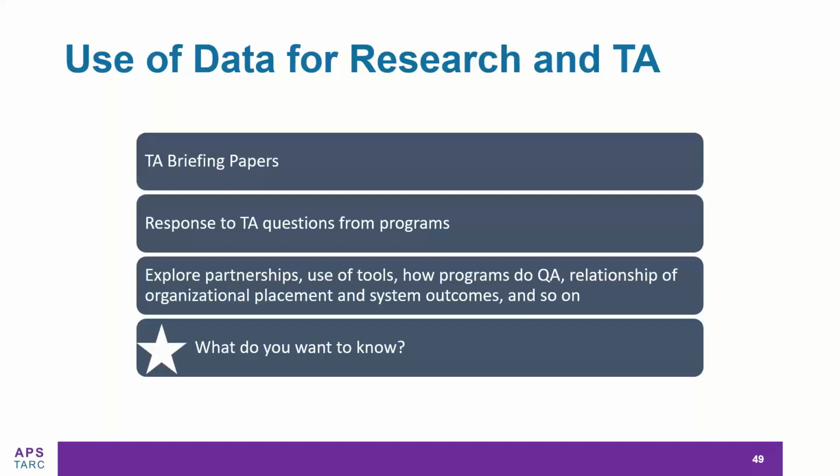The subtitle of this webinar was "What's in it for me?" Well, this is where we're getting to that point. We want to know what you want to know more about. We've kind of got our research plan for this year and our briefing paper plans for this year, but we would love, when this report comes out, to get some more feedback from you on things that you want to know.